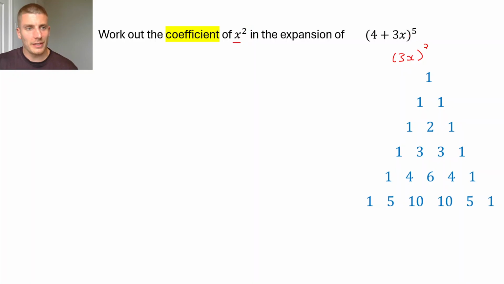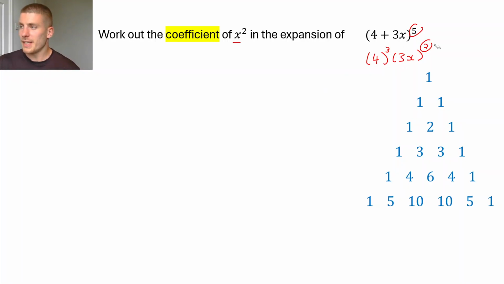Now the power here is 5, and we know from previously on this topic that the powers of a and b must add up to 5, which must mean that a, this first number, must be put to the power of 3. So it must be 4 to the power of 3, because 3 add 2 gives you 5. That's using the previous knowledge on this topic.